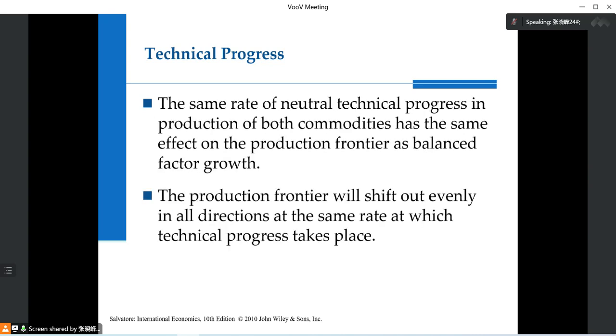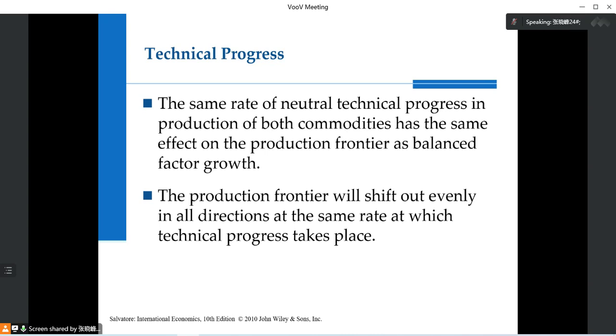Okay, the same rate of neutral technical progress in production of both commodities has the same effect on the production frontier as balanced factor growth. Here, we emphasize the following points.